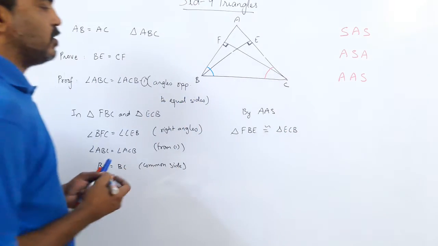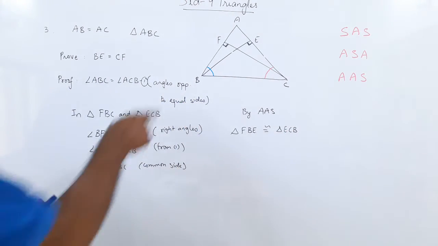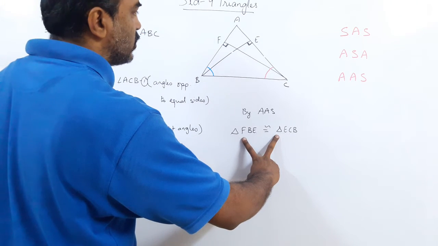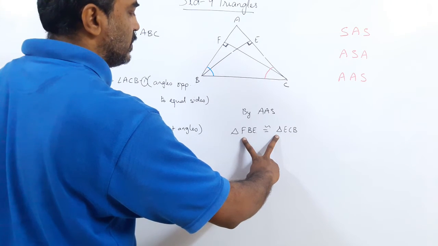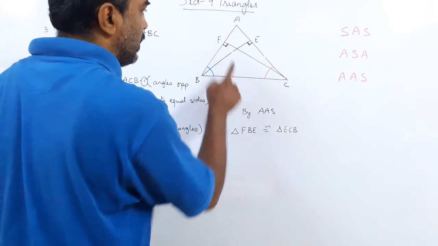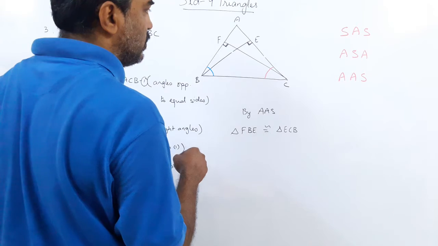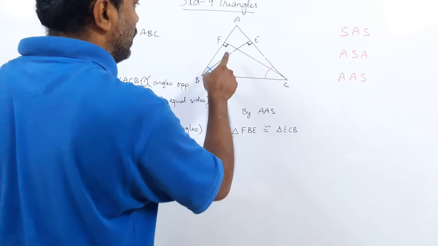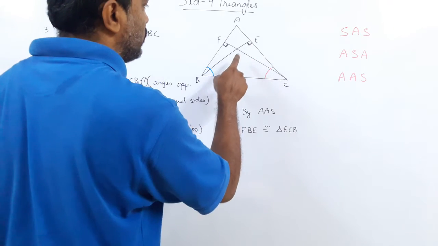Let us check. Is it correct, the correspondence? Angle F is right angle, angle E is right angle. So F and E correspond. Then angle B of this triangle and angle C of this triangle, yes, they correspond. And the remaining angle BE of this one.